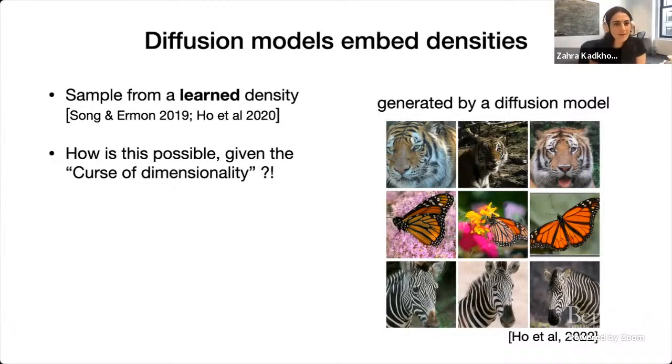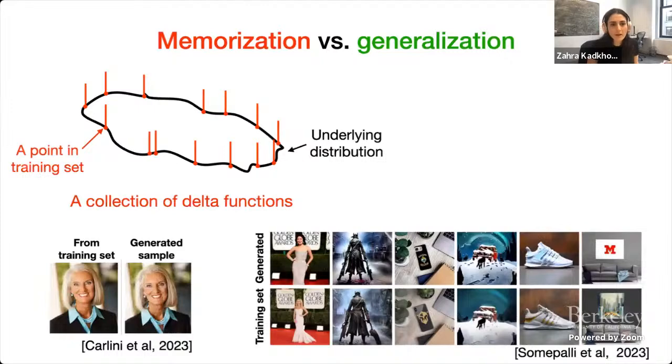We have learned that it's almost impossible to learn densities in high dimensions because of the curse of dimensionality, which says that the number of data points that you need in order to learn a density in high dimensions increases exponentially with dimensionality. So how is it that diffusion models are doing this?